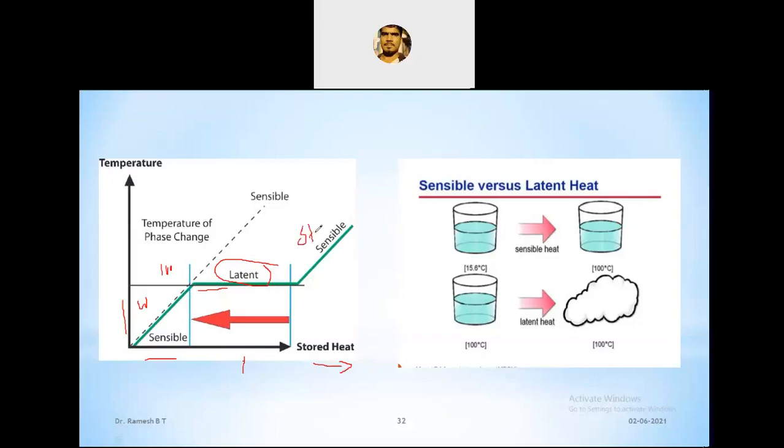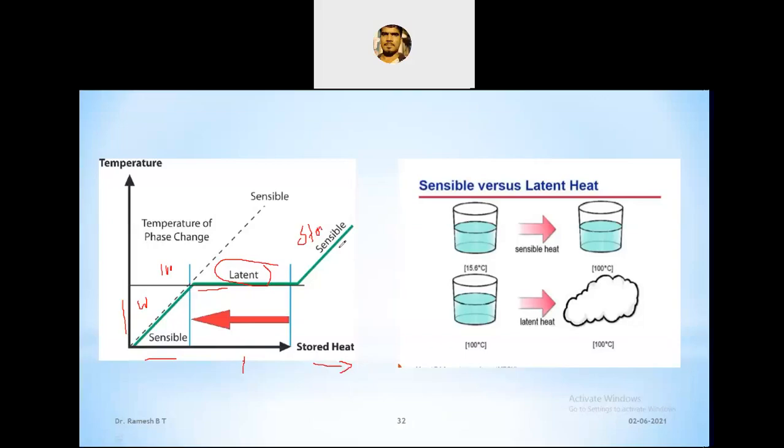It only raises the steam temperature. Gaseous is the ultimate. So in sensible heat, the temperature changes but there is no phase change.